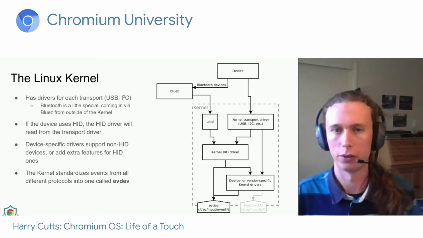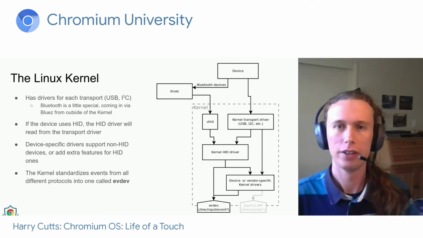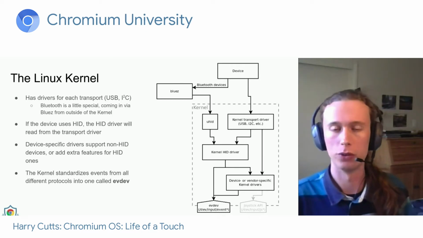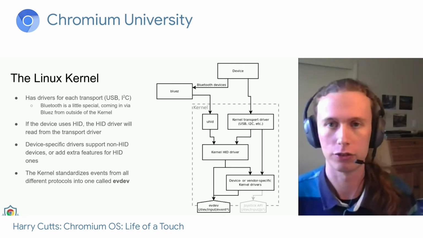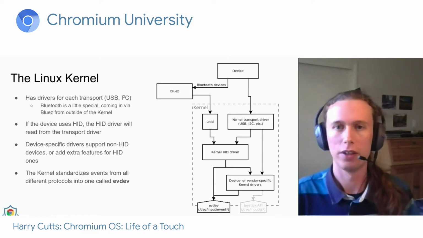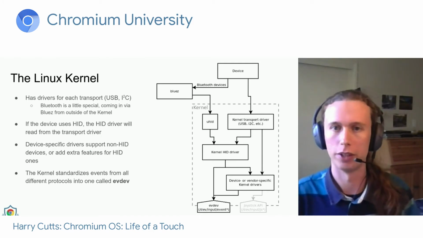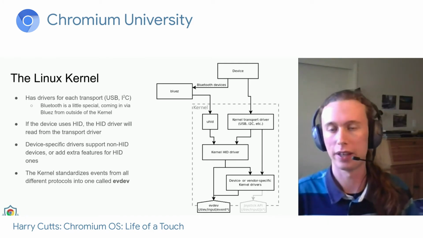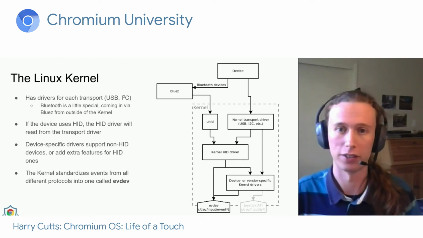So there's a USB driver, one for I2C. Bluetooth is a little special because there's a component called BlueZ that takes the traffic first and then puts it into the kernel. But in any case, the transport driver just gives us a set of bytes that were transmitted, and then that goes into the HID driver, assuming that it's a HID device.